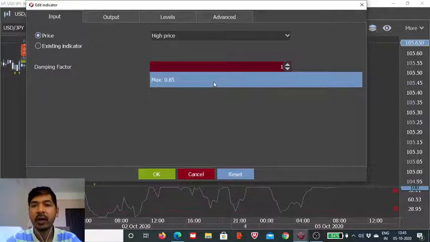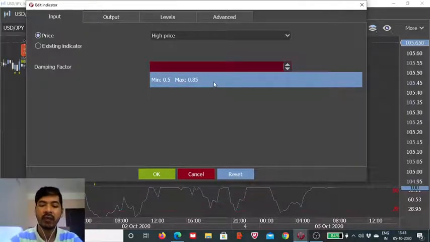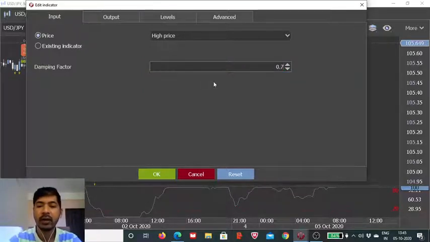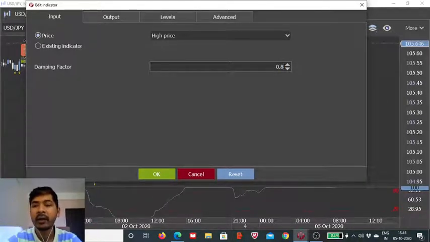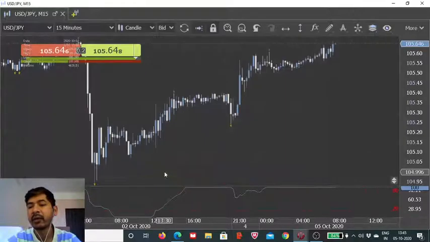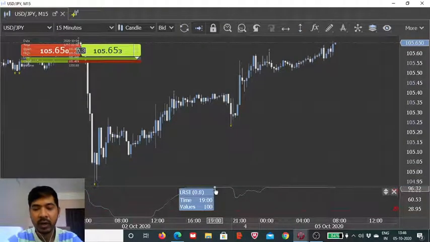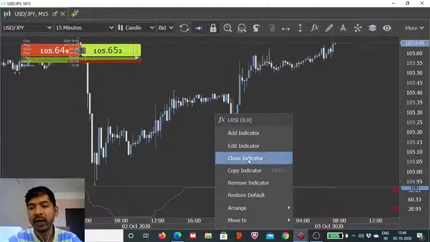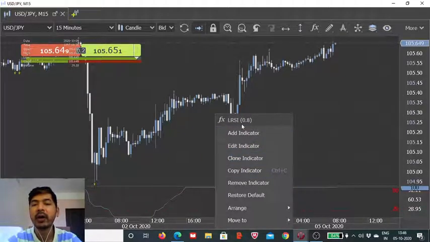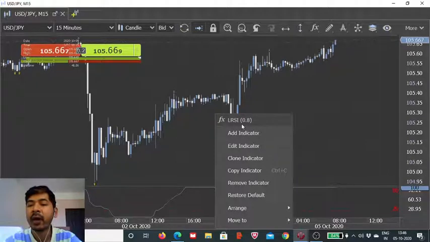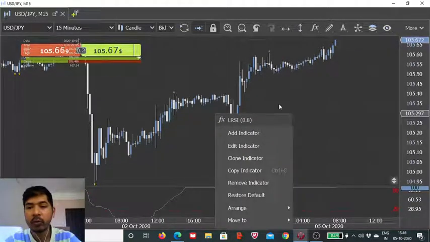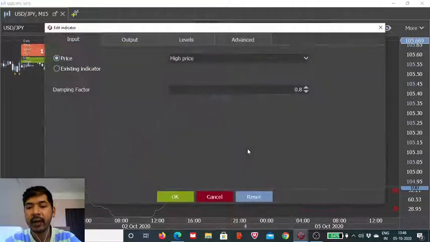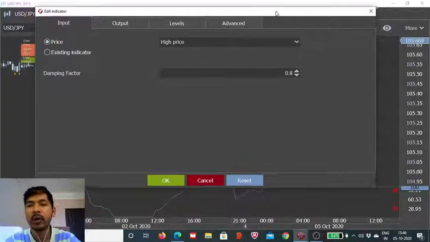It can't be above 0.85. So here if we make it for example 0.7, you will have a different value. If we make it 8, again there is a change. Depending on how you define this coefficient factor, you will have a different output for LRSI. The plotting of the LRSI will be a lot different.